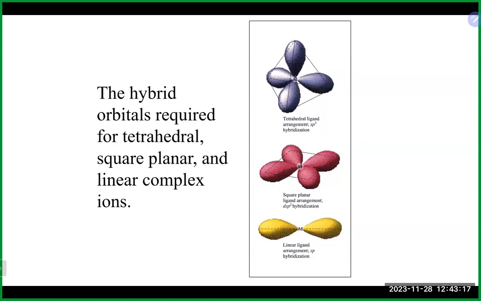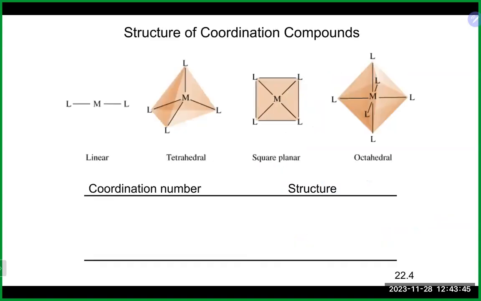Other common ones that we see are coordination numbers of 4, which is our tetrahedral, right? And tetrahedral is sp3. Also sp3d as well, and our sp, which is 2 letters, a coordination number of 2, is linear. So certain geometries apply to complex ions based on the number of ligands and really the coordination number that we see.